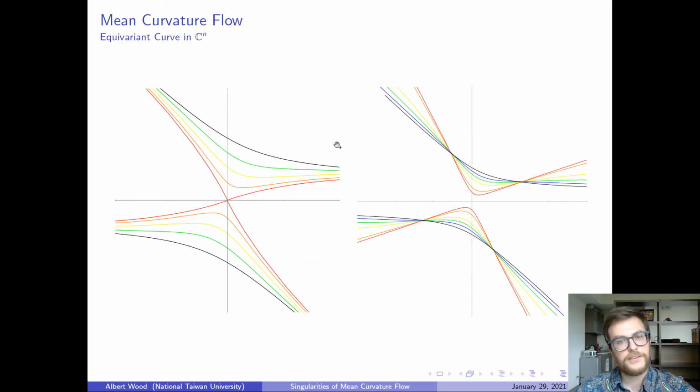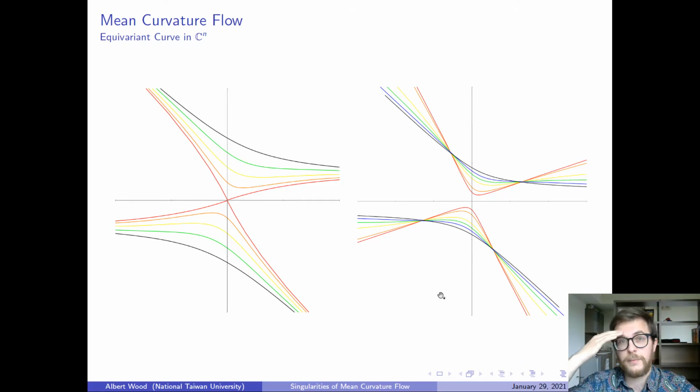Another example, so in this equivariant situation that I described earlier, we have a type 2 singularity. If we perform a type 1 blow-up at the origin, we get a pair of lines through the origin. From the perspective of the profile curve, you can see this is actually a sequence of type 1 rescalings, and you can see that it's approaching more and more closely just a pair of lines.